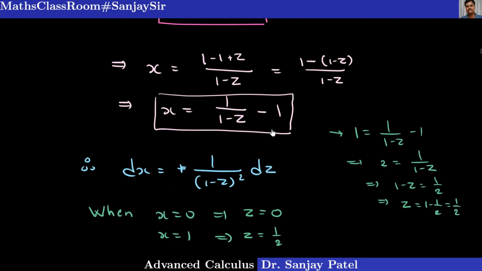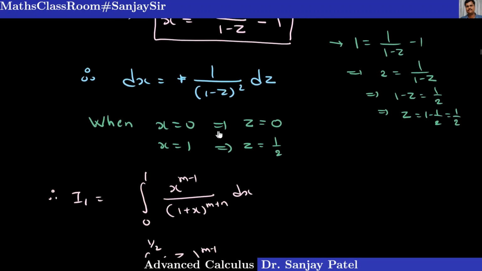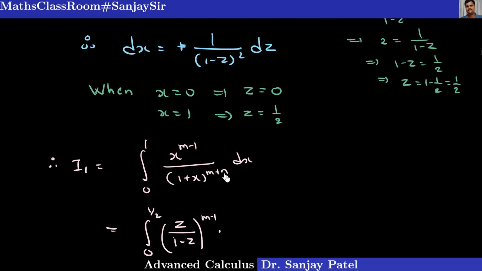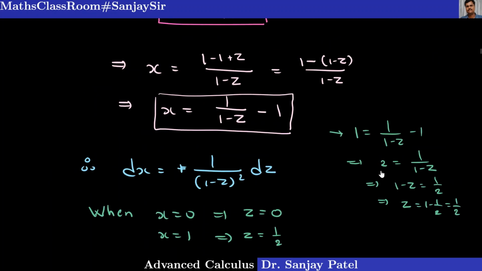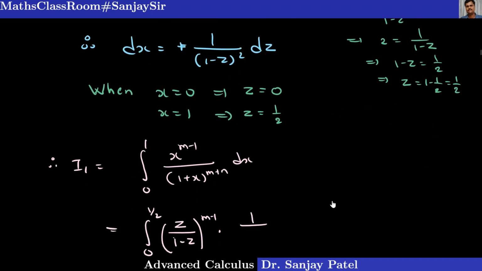X is equal to this thing, so 1 plus x is 1 upon 1 minus z. So 1 upon 1 plus x is 1 minus z simply.